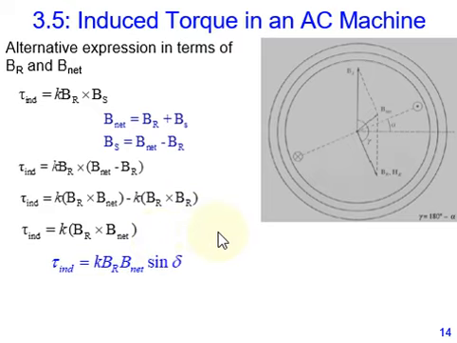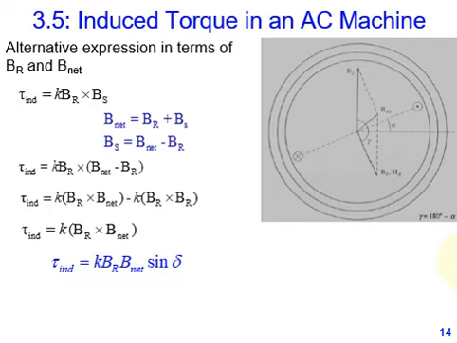Tau induced simplifies by opening the cross product and multiplying with sine delta, where the angle between Br and B net is delta.